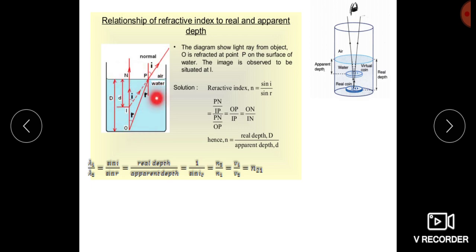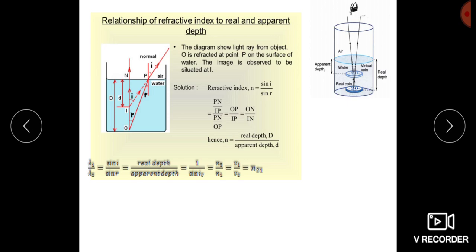Sin R is equal to PN by OP, and sin I is equal to the opposite side by the hypotenuse, PN by IP. The ratio gives OP by IP. OP is this distance, IP is this distance.